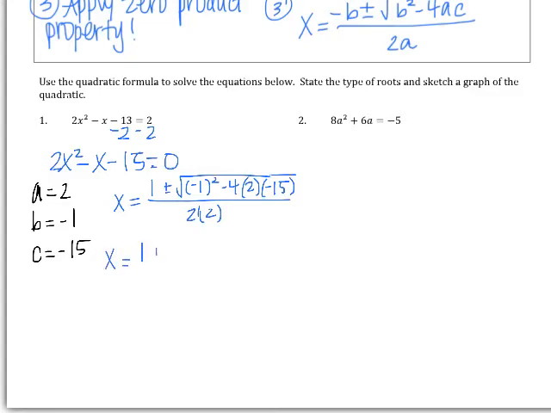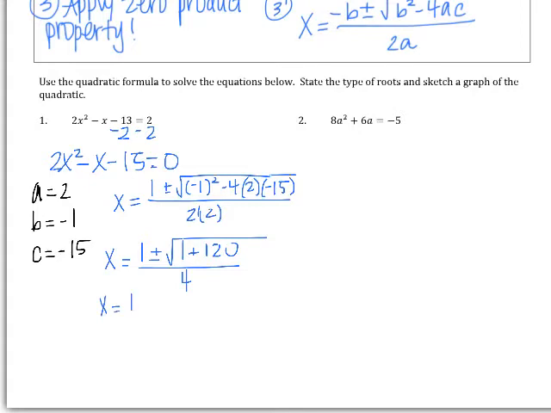So x equals 1 plus or minus the square root of negative 1 squared is 1. Negative 4 times positive 2 times negative 15 is going to give us 120, divided by 4.